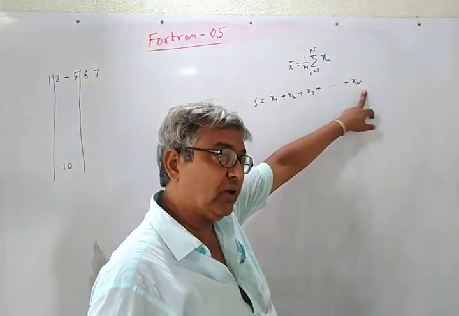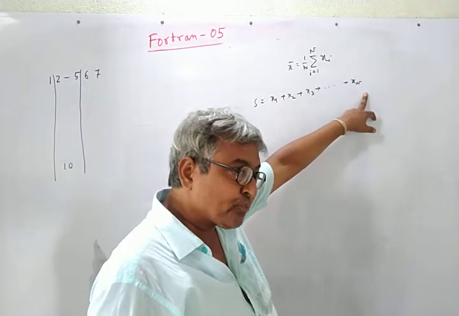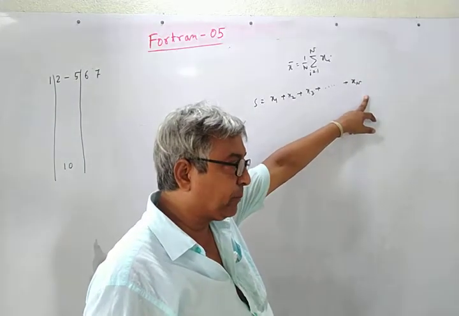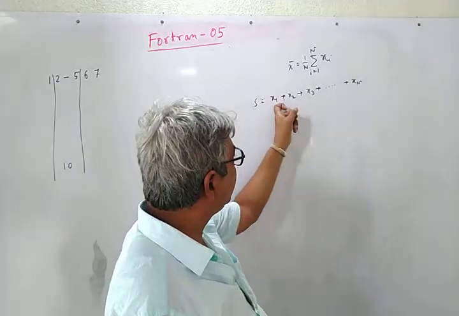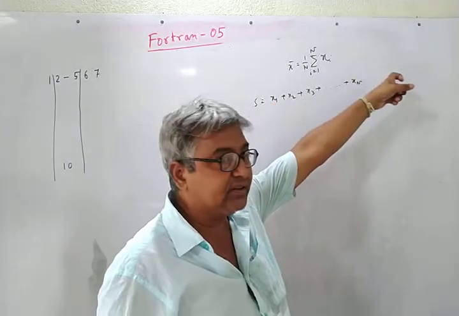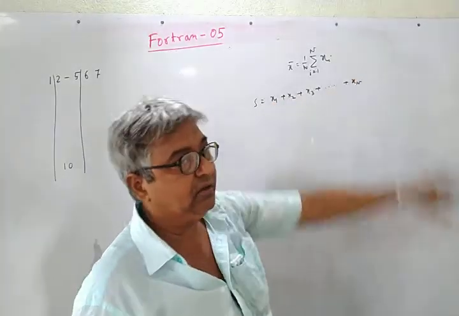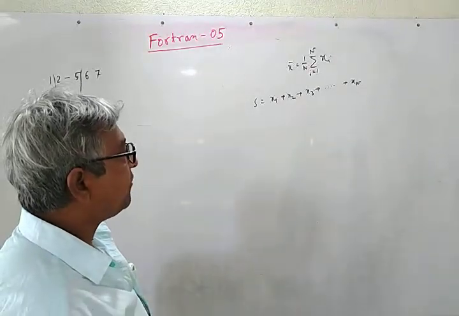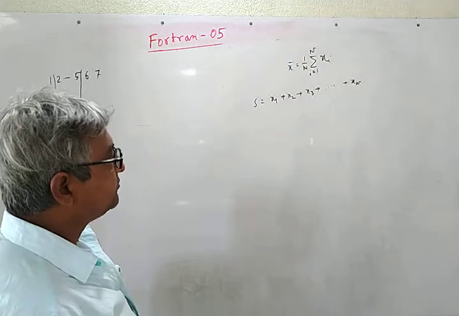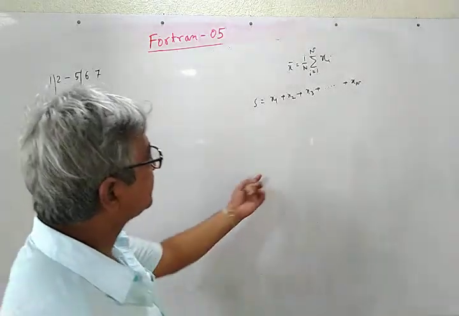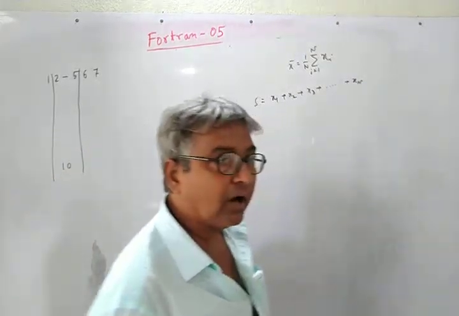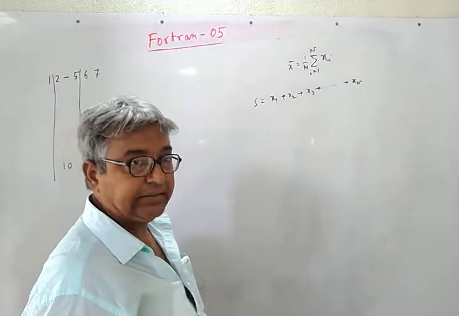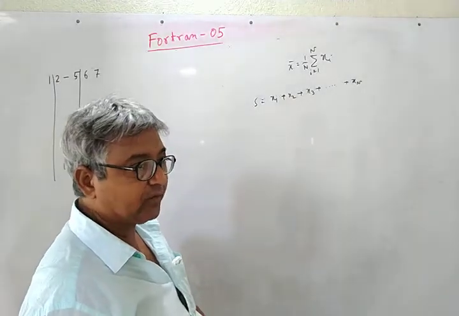You need to know the value of n beforehand. Say one performs the program for n equal to 100, then one needs to write all these things. But if someone asks you to calculate the sum of 200 terms or average of 200 terms, then you need to write 100 more terms like this. It is not a practical way of writing a Fortran program.